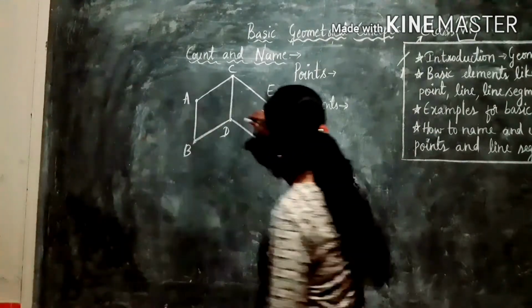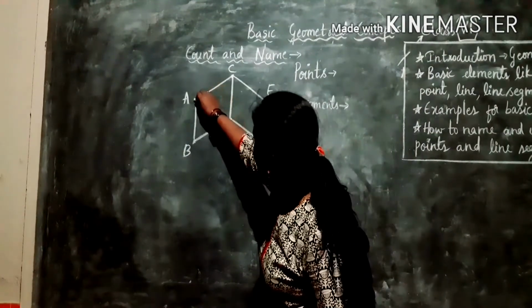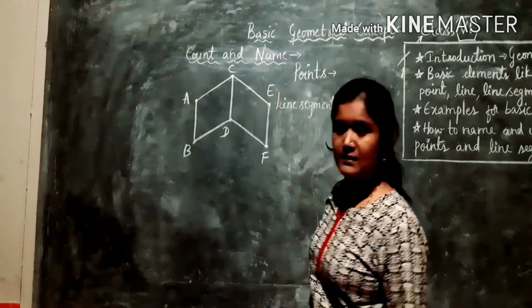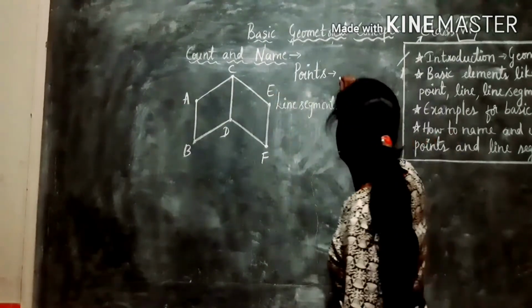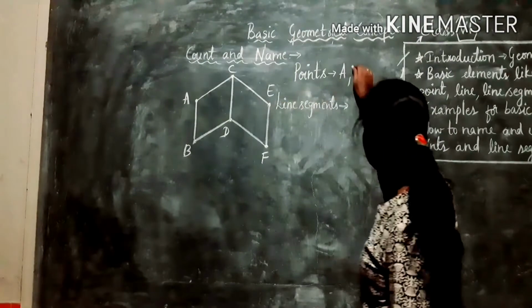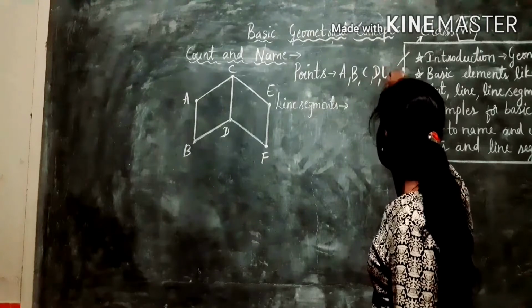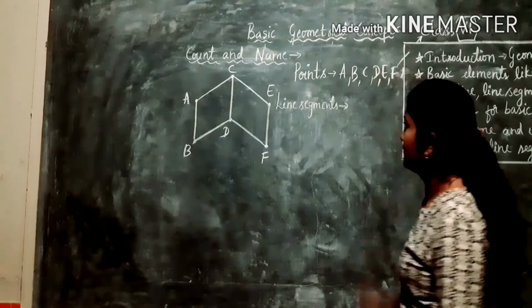How many points you have got here? 1, 2, 3, 4, 5 and 6. And what are the points? Point A, B, C, D, E and F.